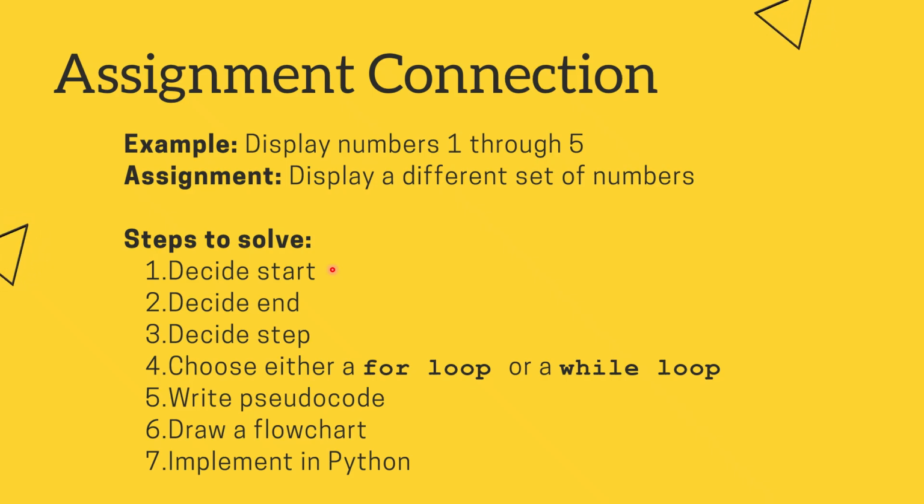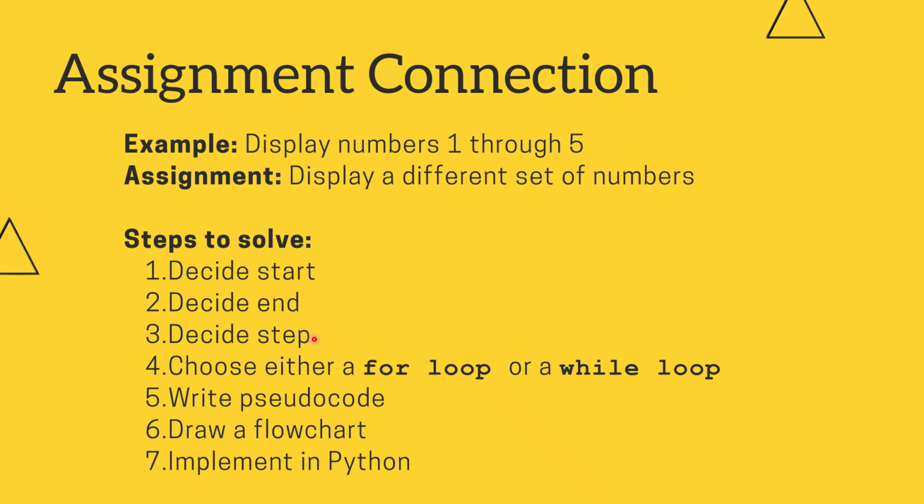So from the problem it gives you in the assignment or the objective, you decide what number you want to start with, and then what number you want to end up with. The next question is, do I want all the numbers or just certain ones? Is it saying you should have only the even numbers, or maybe only the odd numbers, or do you want all the numbers?